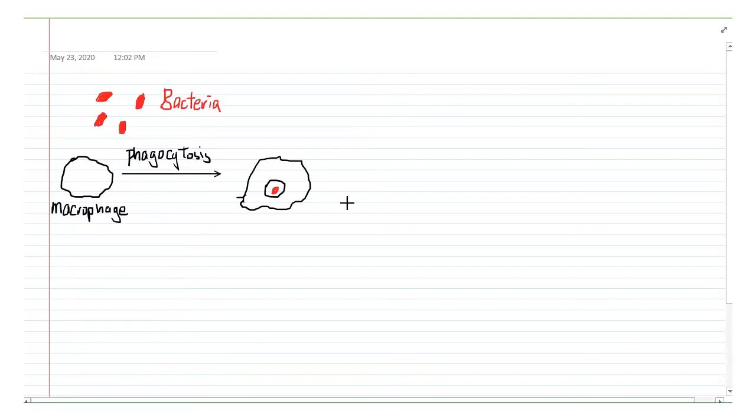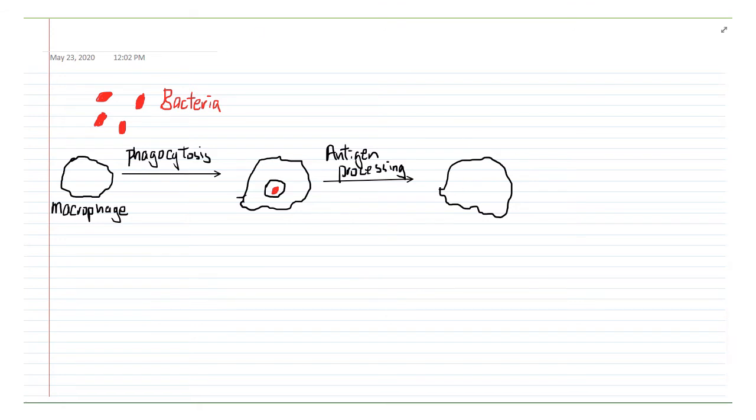What I did not tell you previously is that the macrophage can actually do something called antigen processing. Okay, antigen processing. So in antigen processing, the macrophage will take part of the bacteria that it has engulfed. It will break it down, and then it will put the bacterial antigen on its surface.